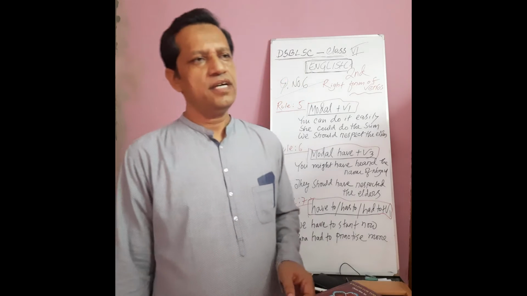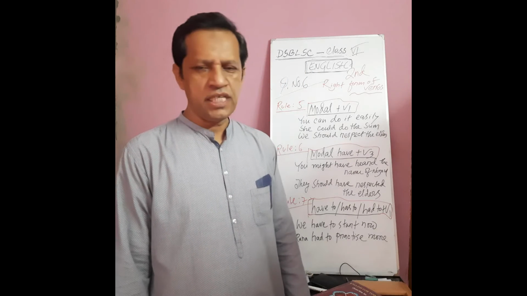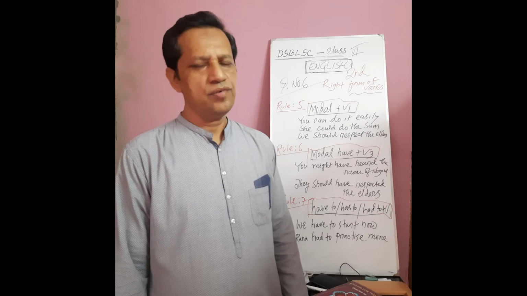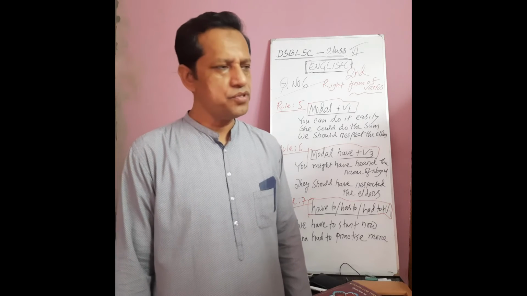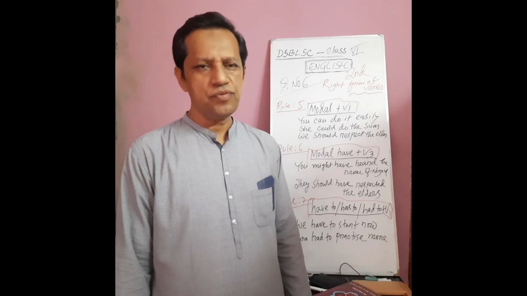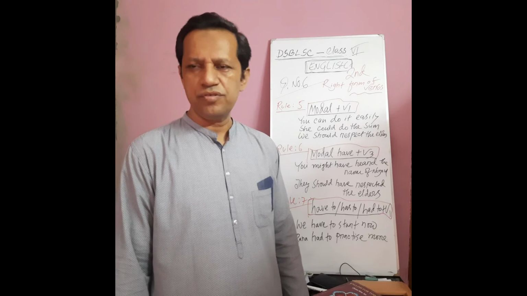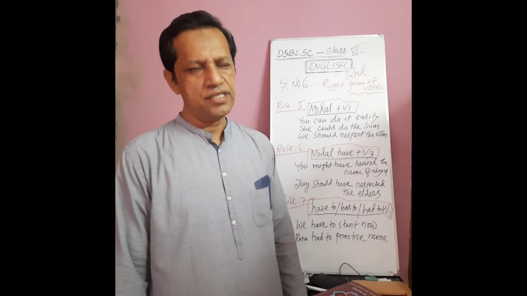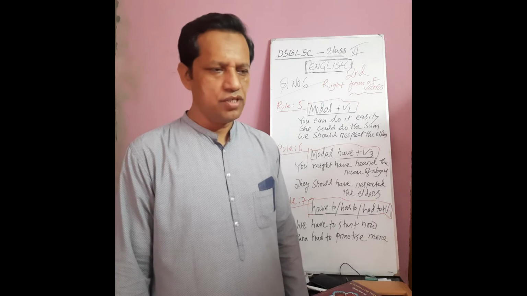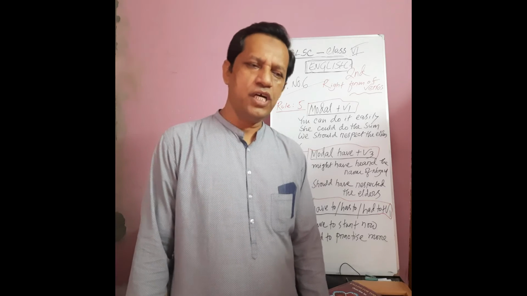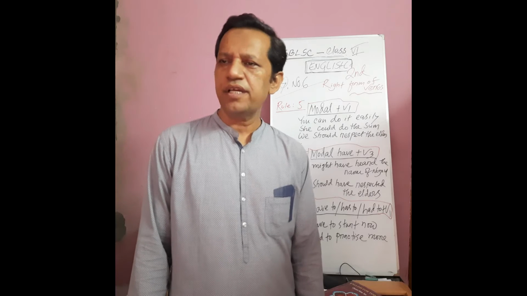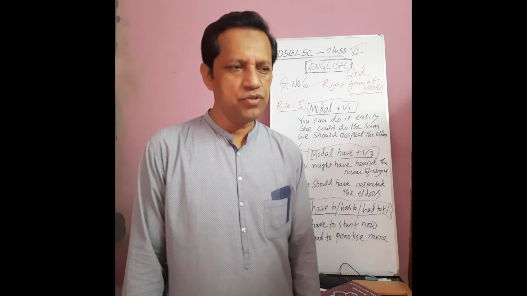You will be given a passage, and in the passage there will be verbs in the bracket, and you have to write the correct form of verbs according to tense and number and also person. So, my dear students, if you know the rules, I think it will be very easy for you.